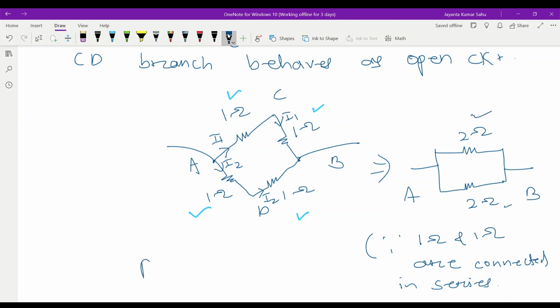What is RAB? RAB is equal to 2 by 2, which equals 1 ohm.